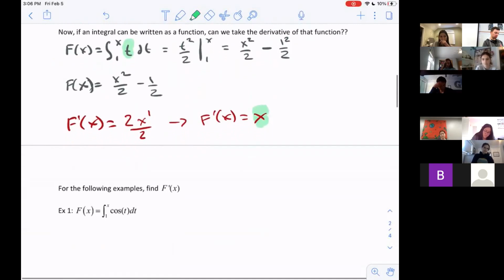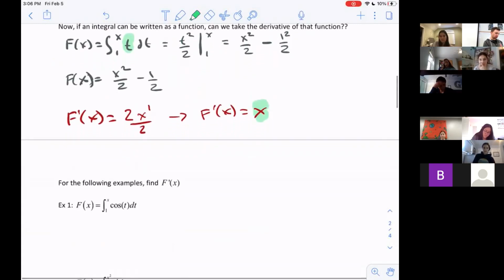Do another one. Example 1 on the next page. We've got capital F of x equals the integral from 1 to x of cosine t dt. Could evaluate that integral.